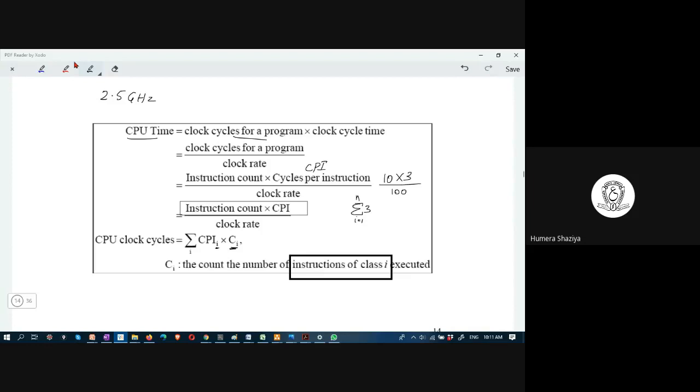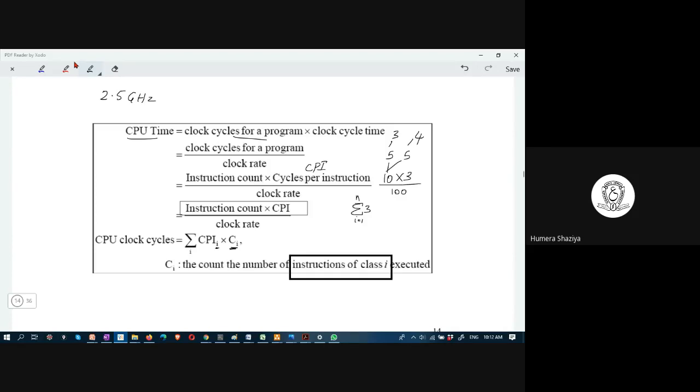Out of these 10 instructions, if there are 5 instructions that require 3 cycles, and another 5 that require 4, this requires 3 cycles, this requires 4 cycles. CPU clock cycles would be equal to this summation of cycles per instruction.